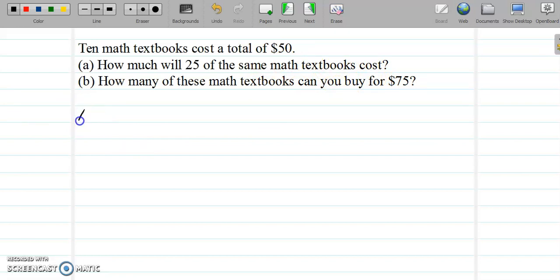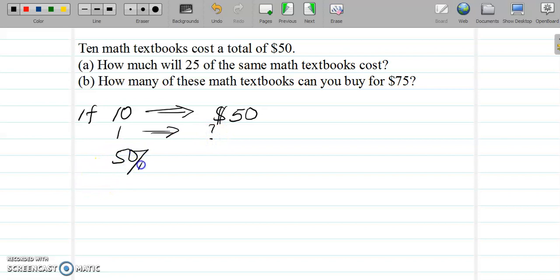So if 10 of the math textbooks cost $50, that means 1 of the math textbook will cost how much? So that means we have 50 divided by 10. 1 will cost what? $5.